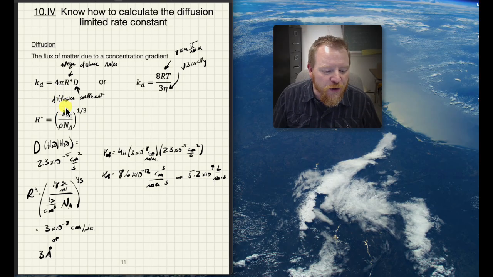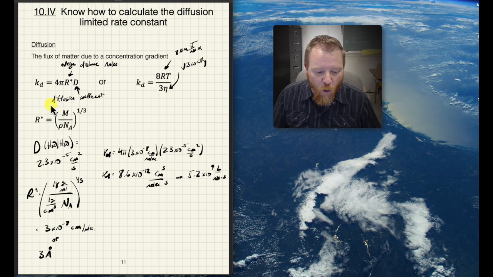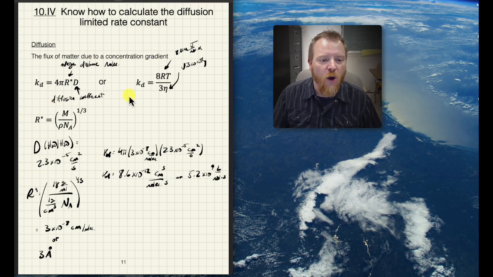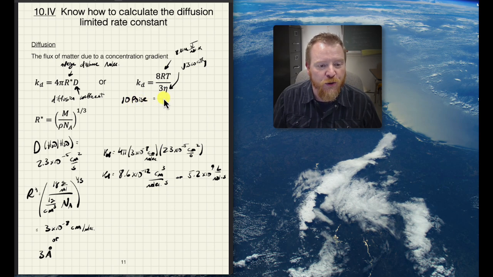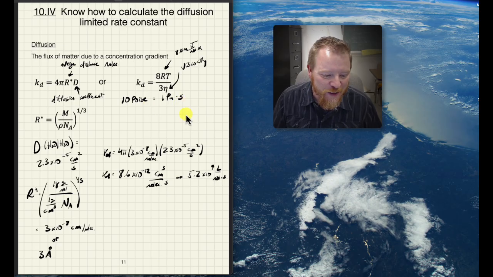So standard units for viscosity are typically given in poise or even centipoise. Just for clarity, 10 poise is equal to 1 Pascal second. So that's like our preferred standard unit. But we typically see things reported in centipoise.